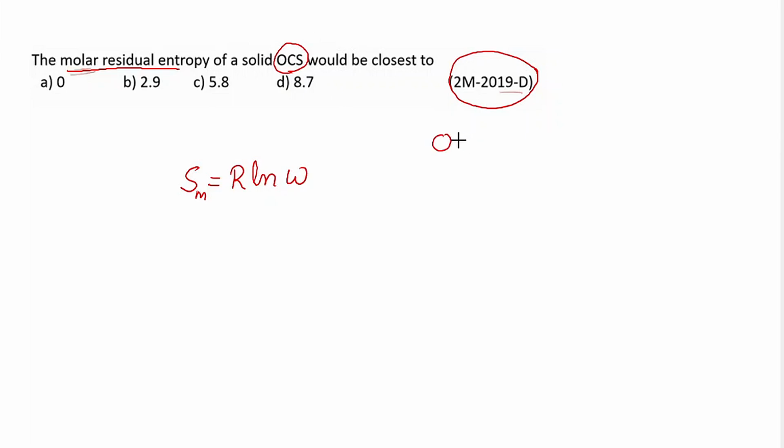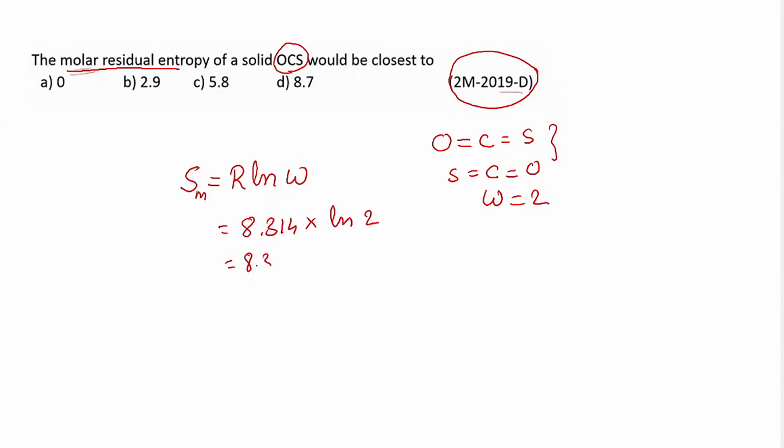So this molecule, O double, we could arrange in two orientations. So W will be equal to 2. Also R is 8.314 into ln of 2, so that will be 8.314 into 0.69, and the answer will be around 5.8.